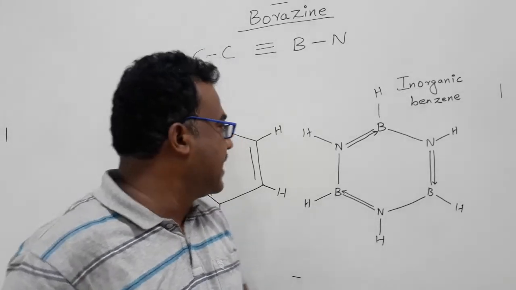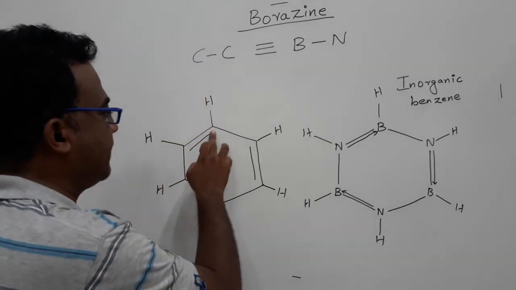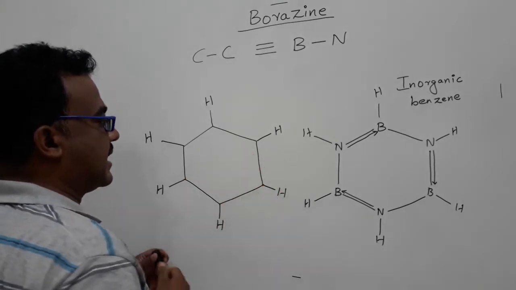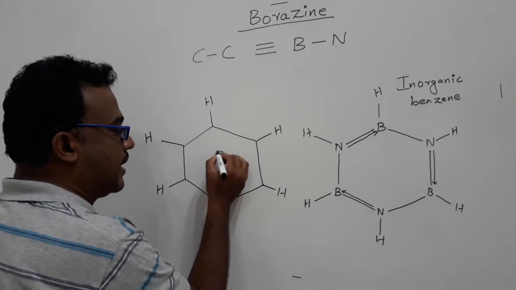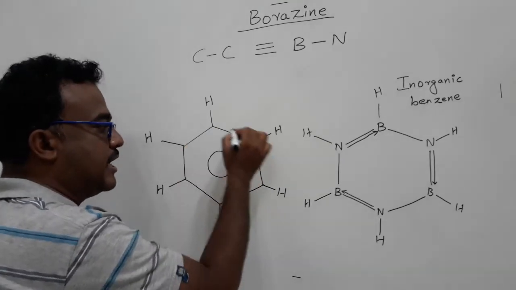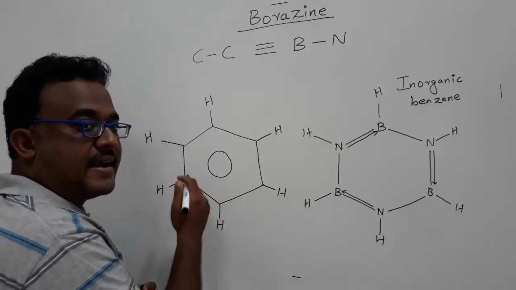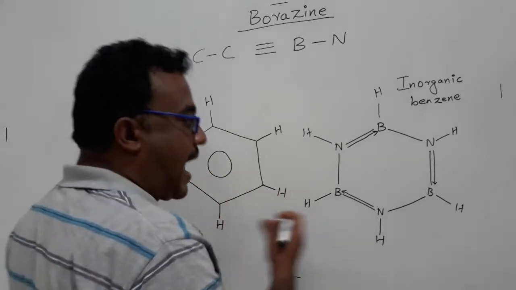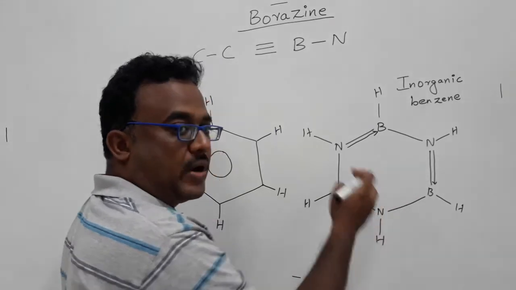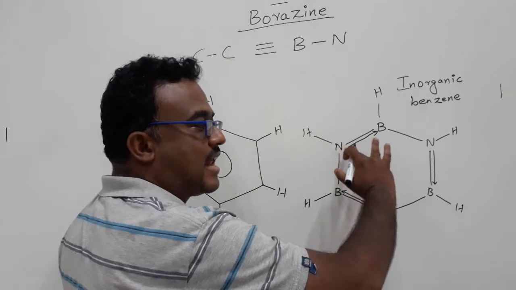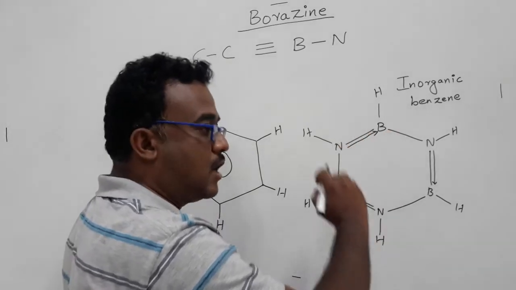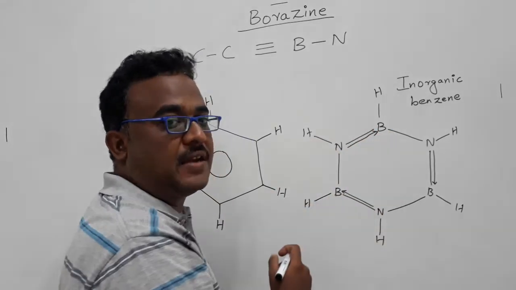In the case of benzene, we usually draw a circle inside the 6-membered ring instead of double bonds, which denotes the 6 pi electrons are delocalized over the 6 carbon atoms equally. But I feel you can't put a circle in borazine, because here there are 2 different atoms which have different atomic radii and also different electronegativity.